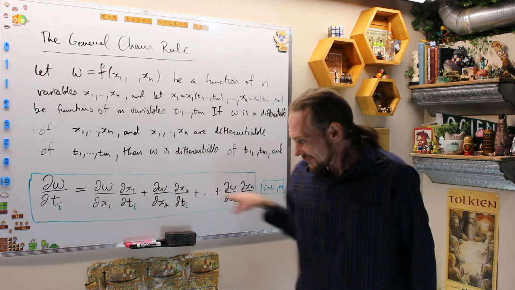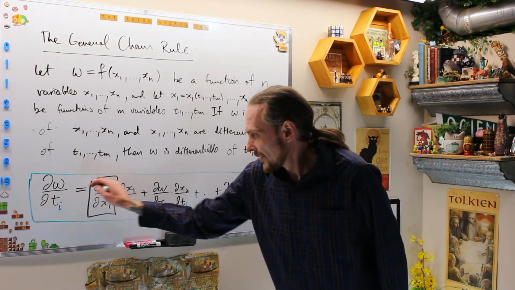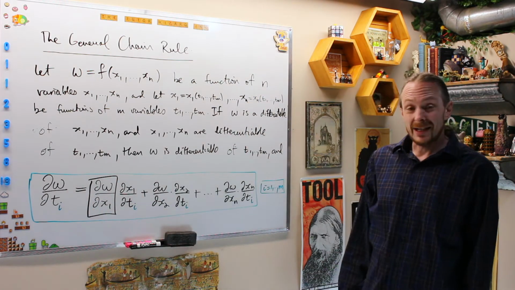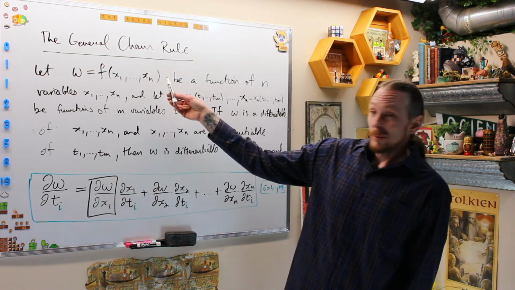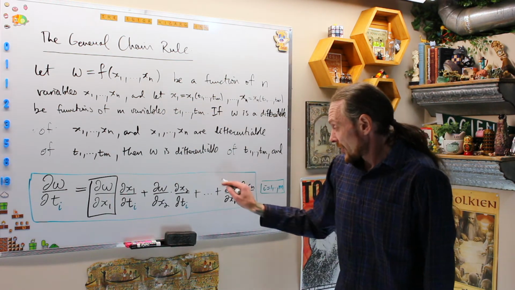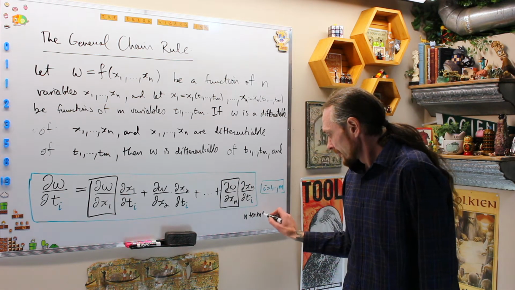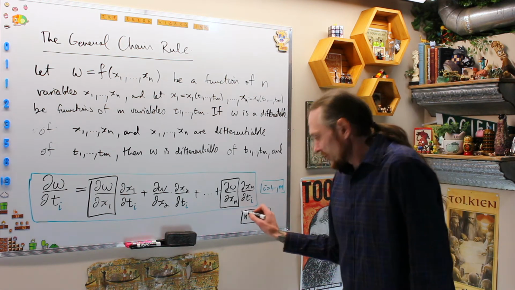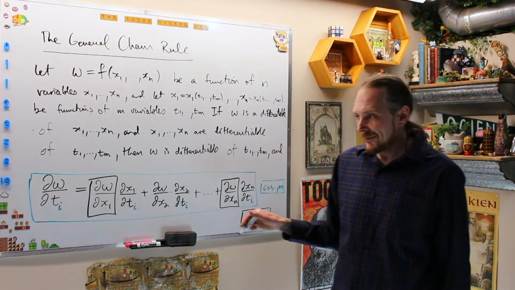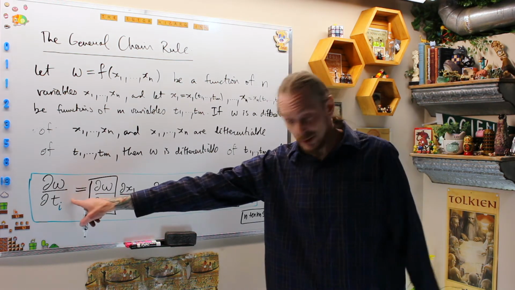But here what we have is, in each one of these terms, we're going to have the partial of w with respect to one of the first variables. And that means we're going to end up getting n terms. If you're keeping track, I'm just giving you a quick rundown of how many of these partial derivatives you're going to have to compute.